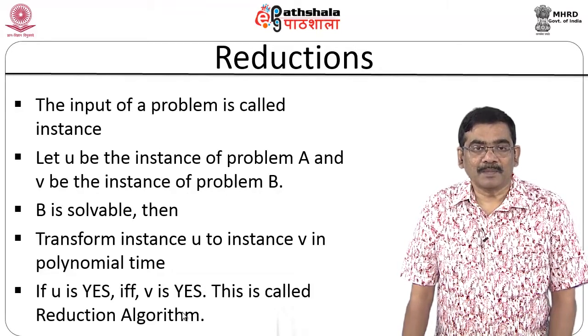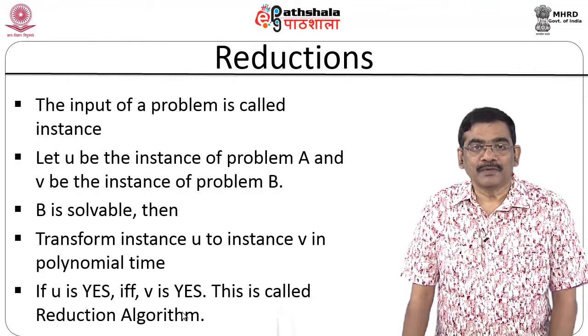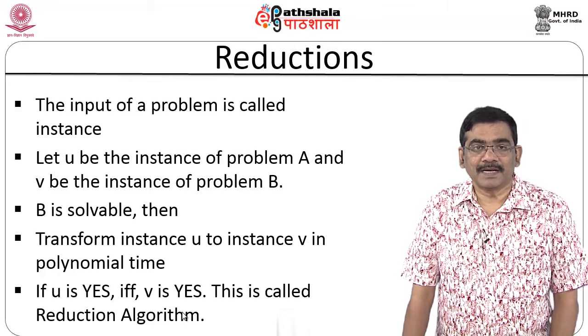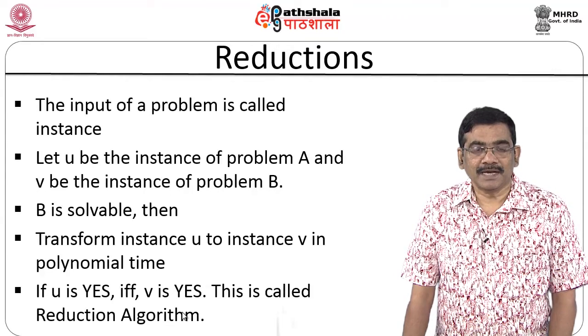Karp reduction transforms the instance U to V in polynomial time, such that if U is yes, then V is also yes, and if U is no, then V is also no. This kind of reduction is what we call the Karp reduction.